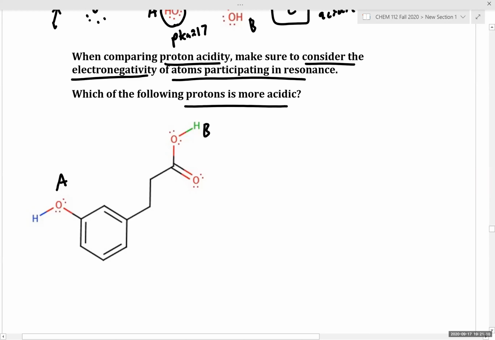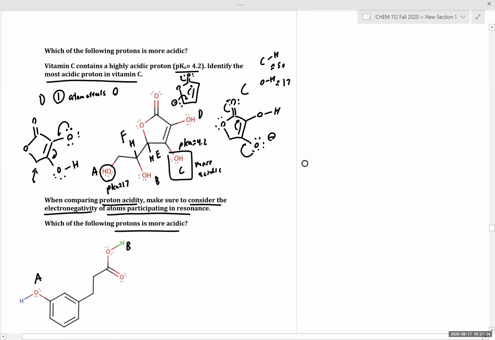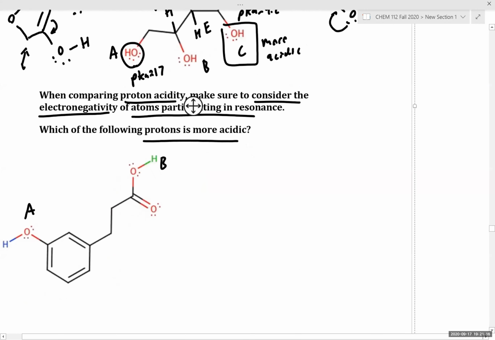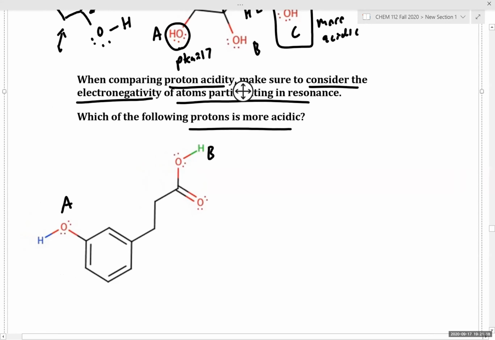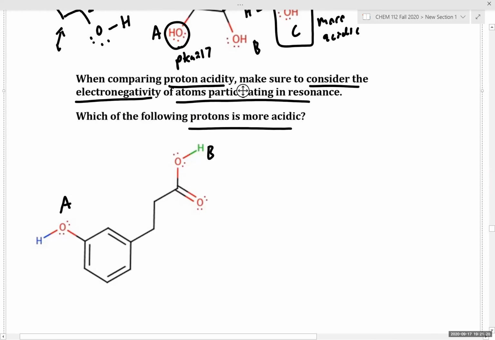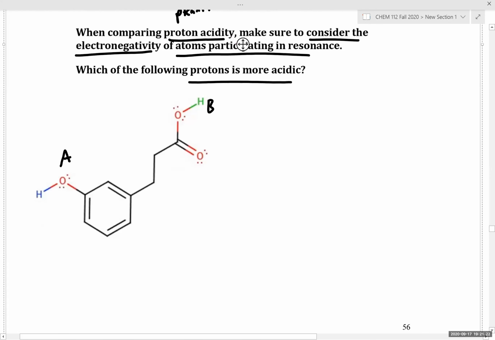Carbon atoms, right? So then, if we compare A and B, let's elaborate on that discussion.